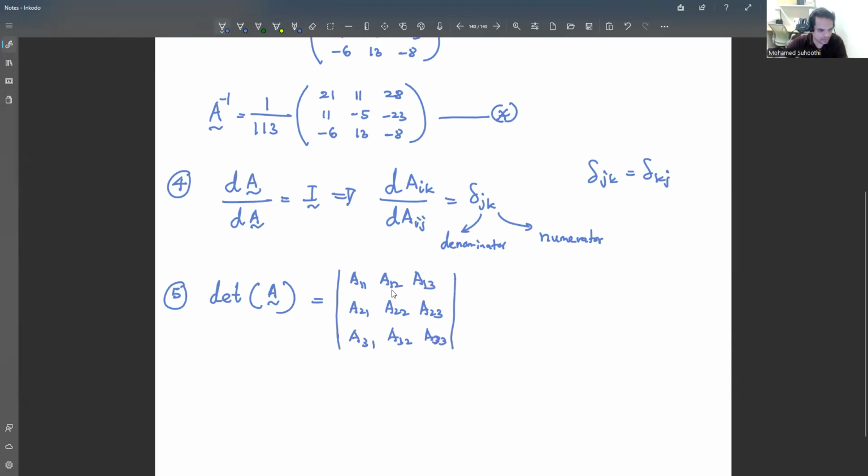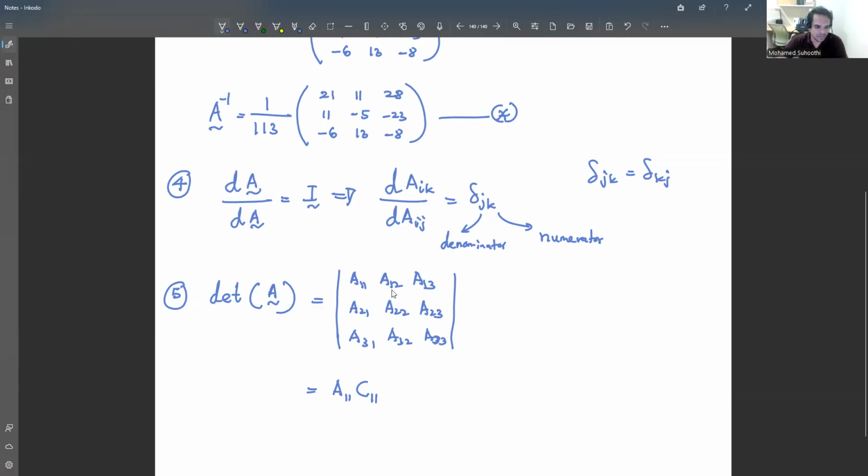Okay, right. If you want to calculate, I'll take the first row, right? First, you take A11, then you cover the row and column. You will calculate this with the cofactor sign, right? It's actually the first element of the cofactor matrix, right?